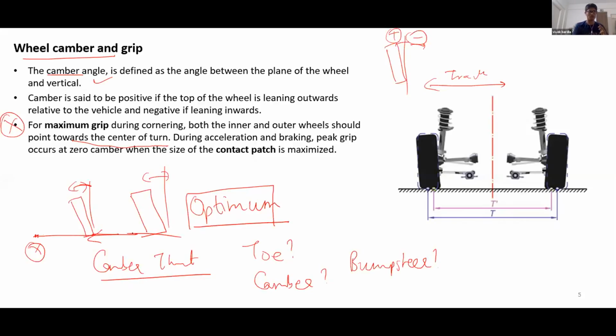The more the camber angle, the more is your camber thrust. The more is your camber thrust, the higher is the cornering G that you can get with your vehicle. So ideally, you would like your tires to be like this during cornering, because this tire produces maximum force, right?